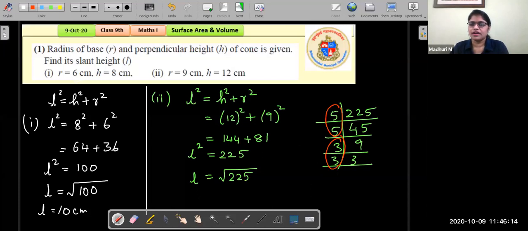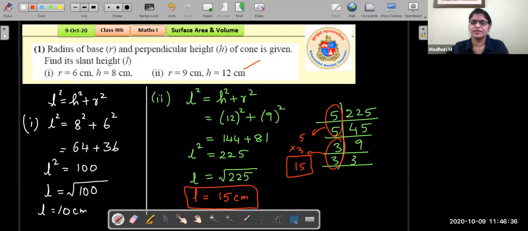And 5 would come out of the root, and likewise 3 would come out of the root, and that would give us 3 times 5. The answer is 15. Okay, students, that's how we can find out the root. So L equals to 15, and the unit is centimeter.